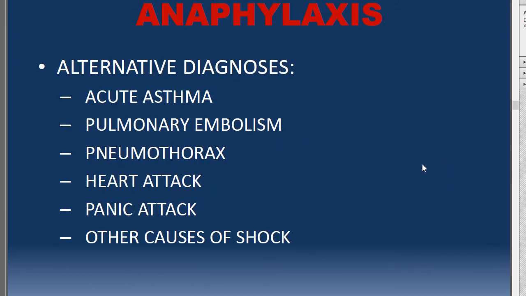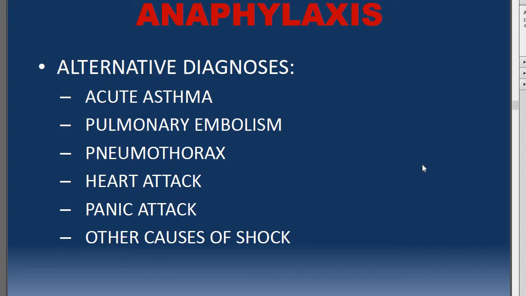Alternative diagnoses, well, asthma. So asthma has got a bit of an overlap with allergic reactions. So part of the mechanism and some of the symptoms you might get are similar. So an acute asthma attack, where all those lower airways are becoming very tight and wheezy, is obviously similar to a B problem in anaphylaxis. So a bit of a spectrum of conditions there.